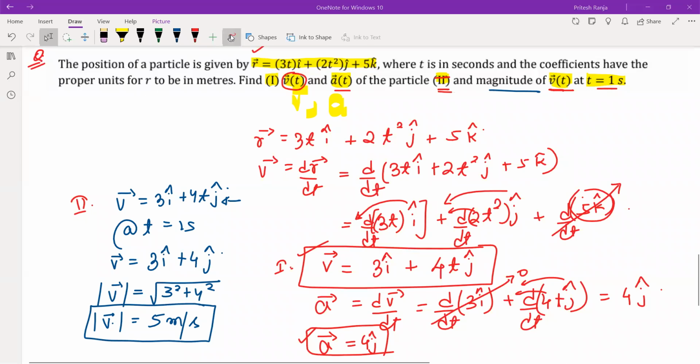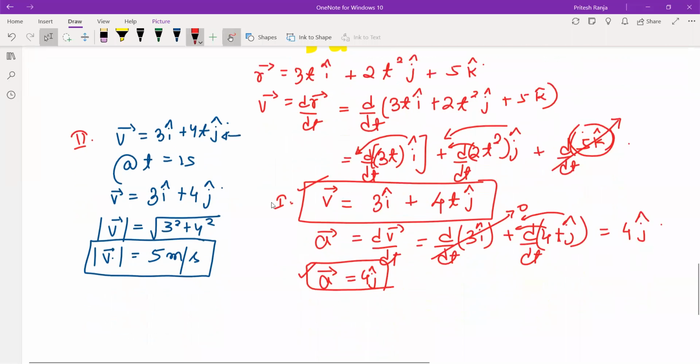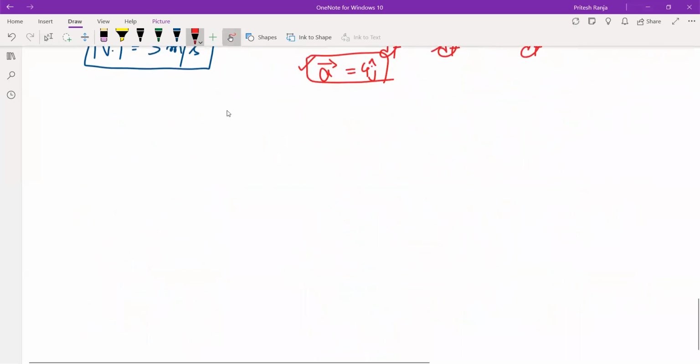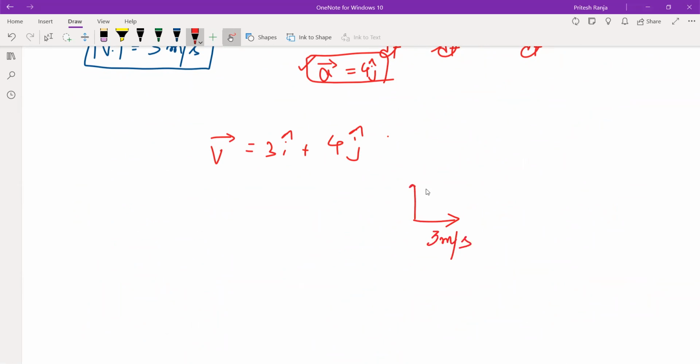Okay. So here, let us analyze one thing apart from the question. What we have got, that velocity vector is 3i plus 4j, right? Now, what does this mean? It means object is having velocity 3 meter per second along x direction and 4 meter per second along y direction. That just means the total velocity is 5 meter per second at an angle theta, which can be given by tan inverse 3 by 4, right?